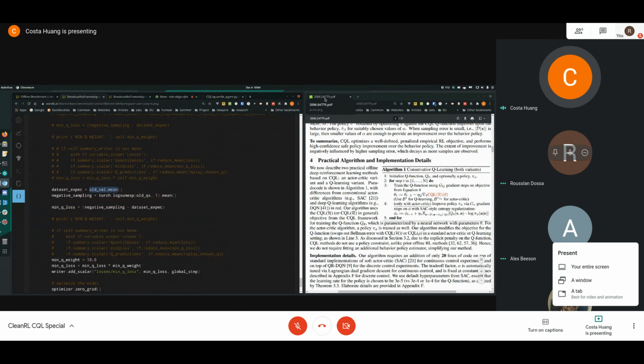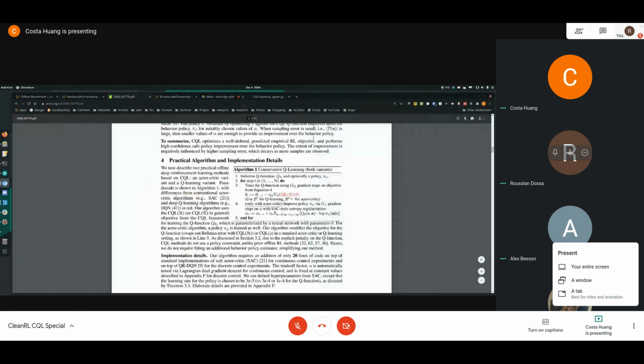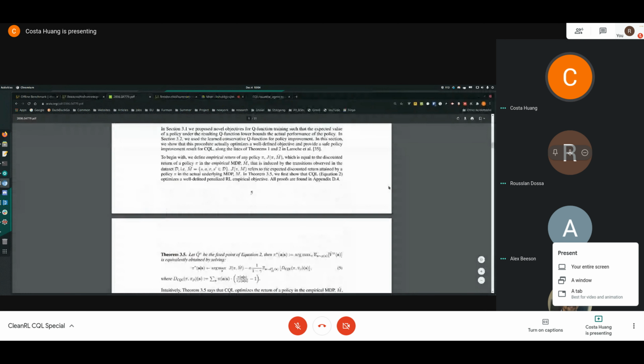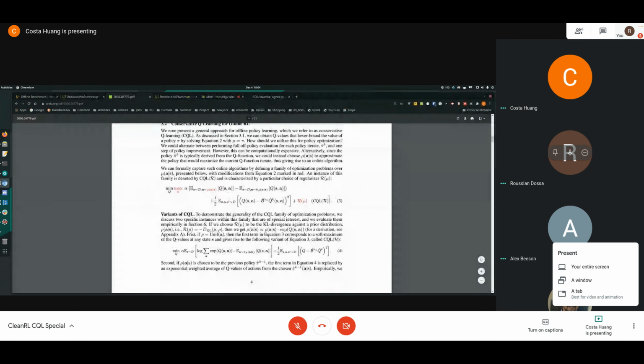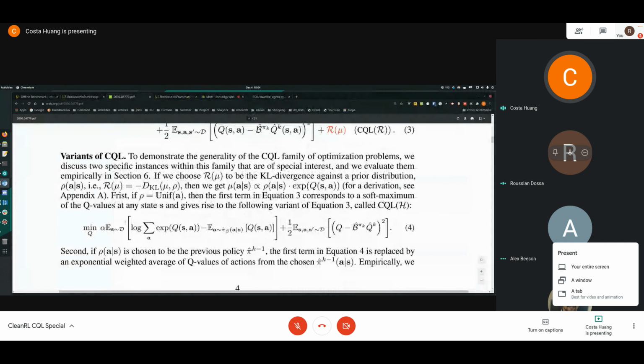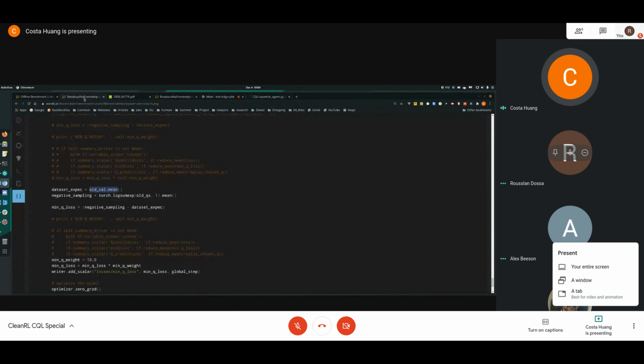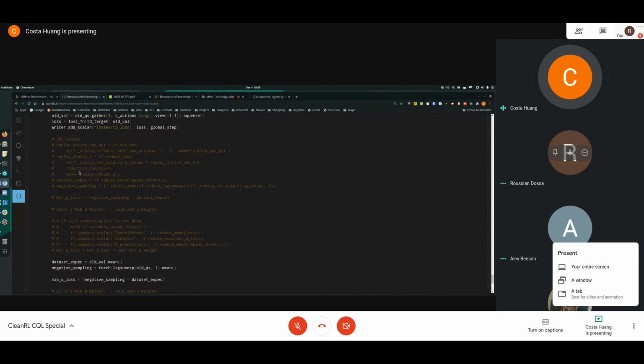If you're looking at the formula, these are the Q values. These are the old Q values from the data set. I get the mean of them, similar to how the authors got the mean. They get the chosen Q and then take the mean, and they call it the data set expectation, which is the expectation of the Q values in the data set.